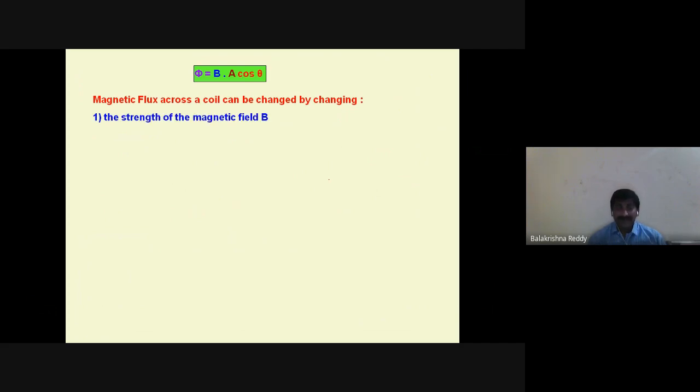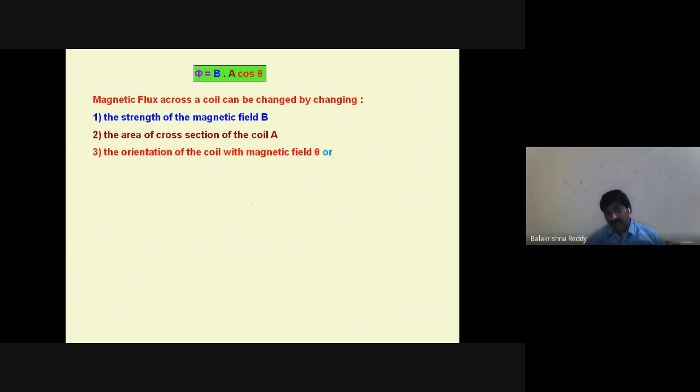The magnetic flux across the coil can be changed by these factors. One is the strength of the magnetic field B, the area of cross section of the coil A, and the orientation of the coil with the magnetic field theta.